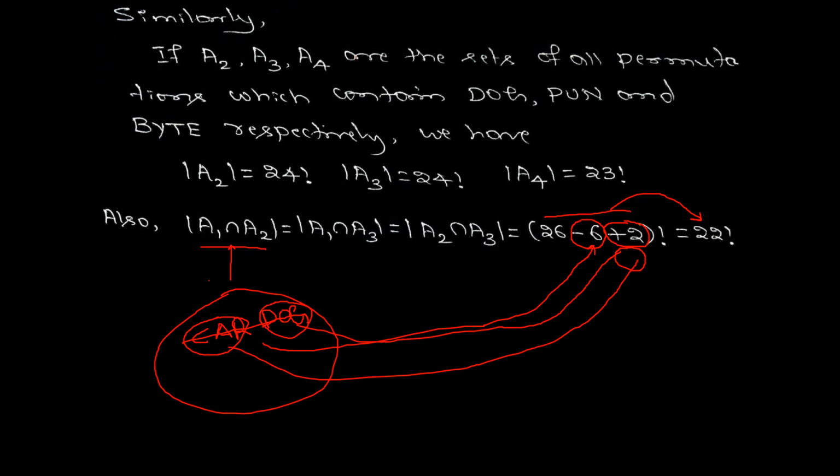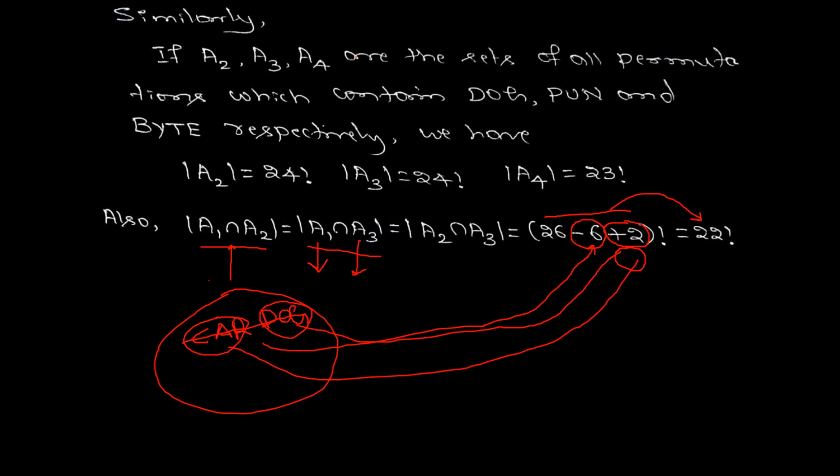In the same way, if we do A1 intersection A3, the same answer we get, because A1 is the set of all permutations which contains the 3-letter word CAR, and A3 is the set of all permutations which contains again a 3-letter word, PUN.